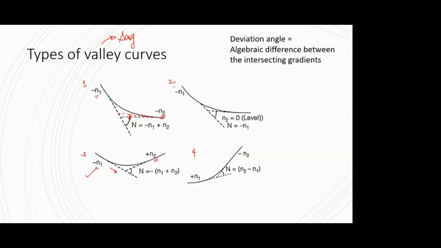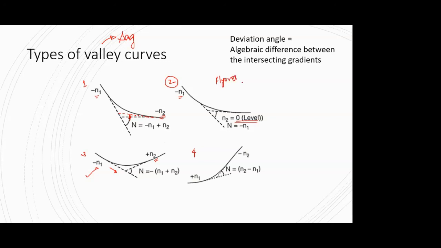Then in figure number 2, it's a down gradient of minus n1, which is followed by a level road with 0 gradient. So n2 is equal to 0 in that case. Typically this case number 2, if you try to relate it to some actual field conditions, you will come to know that generally in case of flyovers, you have this kind of scenario.